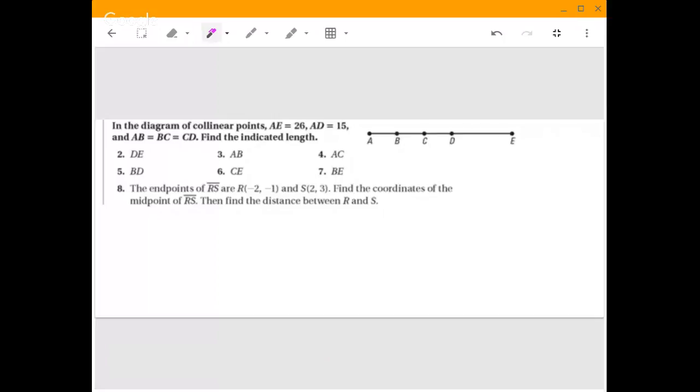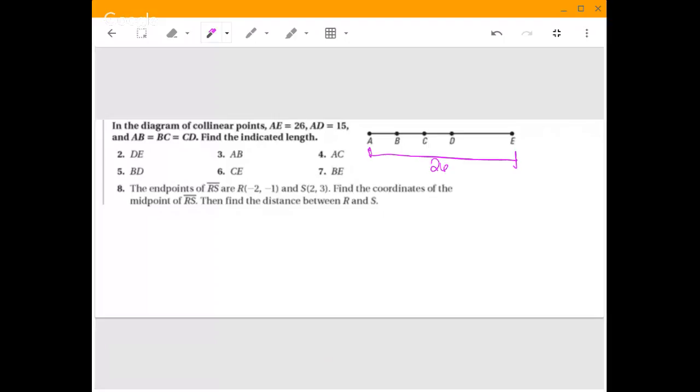All right. So when we look at this line segment, let's read through the directions. In the diagram, AE is 26. So that tells us from here all the way over to here is 26. Right? Mm-hmm.